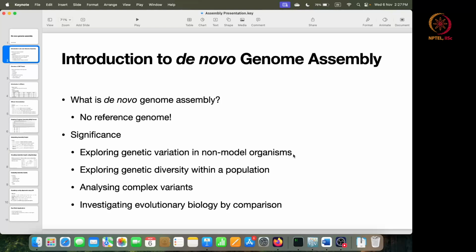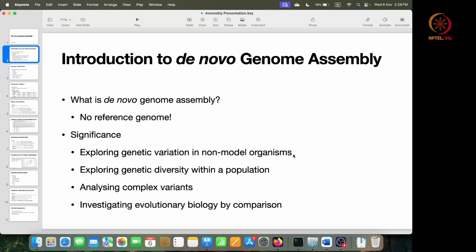It is useful when you are exploring the genetic variations in non-model organisms because reference genomes may not exist for such organisms. It can be very useful in identifying the different genetic diversity that is present within a population for whom a reference genome might already exist.